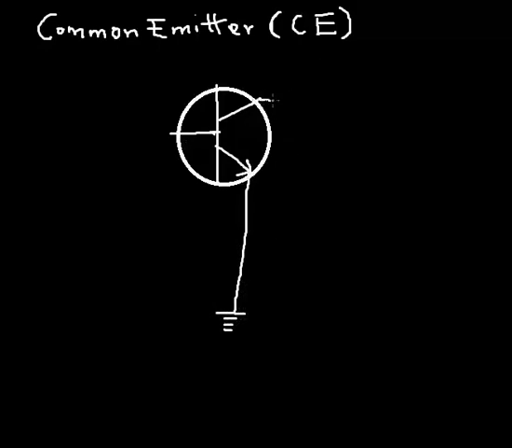If I'm using NPN, the base is P and the emitter and collector are N. So of course, you know, collector.